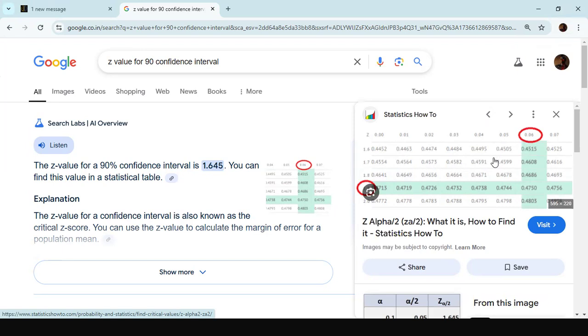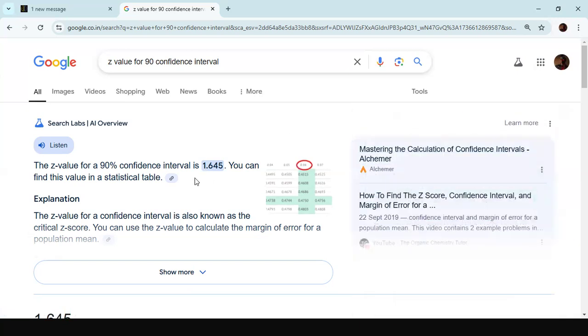Anyhow, I don't want to confuse you. This one probably we'll discuss later. So the confidence interval is minus, the Z value for 90%.